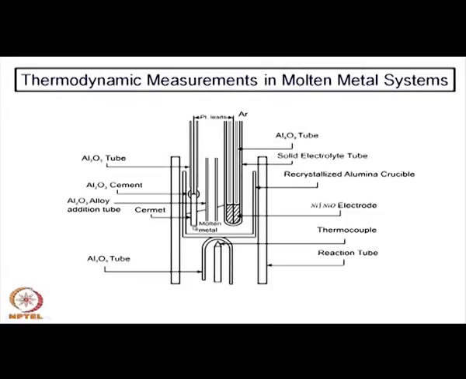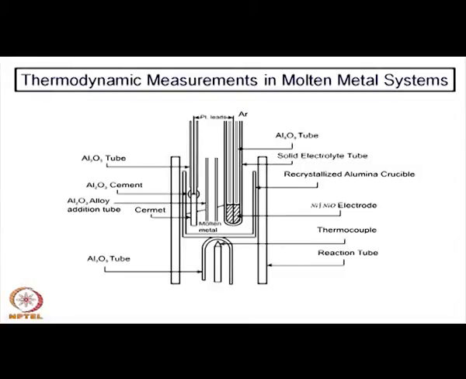Outside you have a molten metal for which we want to measure the partial pressure of oxygen. So, it generates an EMF between the reference electrode and the molten metal, and the electrical contact here is through a cermet. Okay. Here this is a cermet which is a conducting material, and it is immersed in the molten metal.